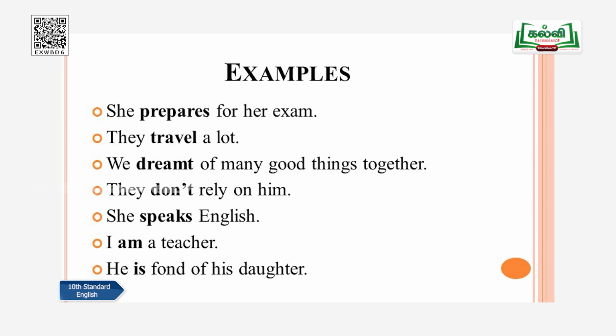The last one, he is fond of his daughter. Again is here because the subject is singular. Now all these verbs have inflected. So these verbs are called finite verbs. In every sentence, you will have a single finite verb, which will be the main verb of the sentence. Is it clear now? Do we know what is a finite verb?